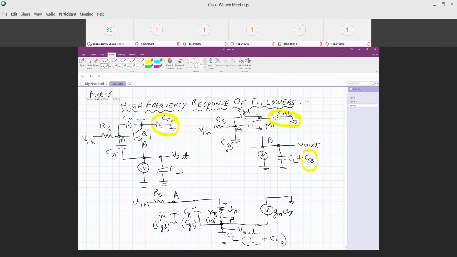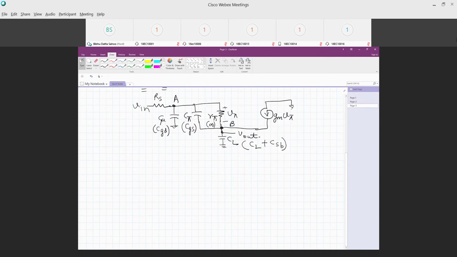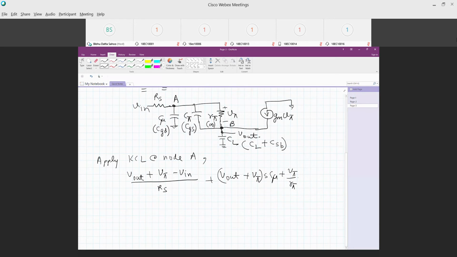Okay. So now, in order to solve this, we'll apply KCL at node A, and applying that we get V out plus V pi by R pi plus V pi S C pi equal to 0.